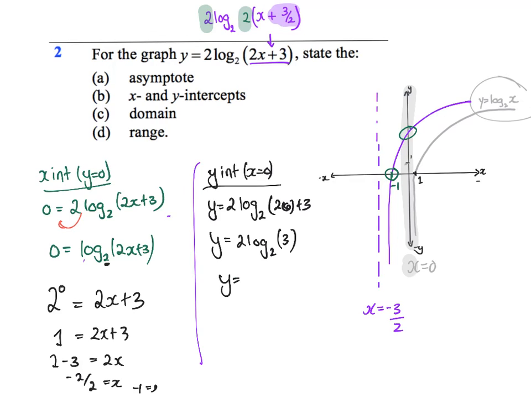And you could even just change that to log 2 of 3 squared. So y equals log 2 of 9 or whatever. And you can just pop that in there. Don't have to convert that to a number. Just say 0, log 2 of 9, whatever. Okay? That can be the number.